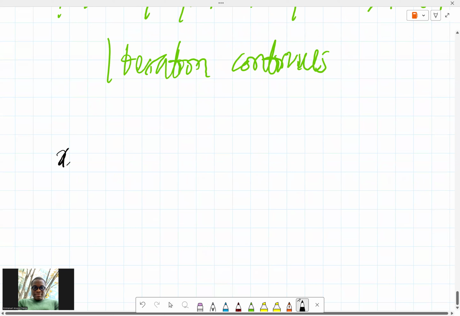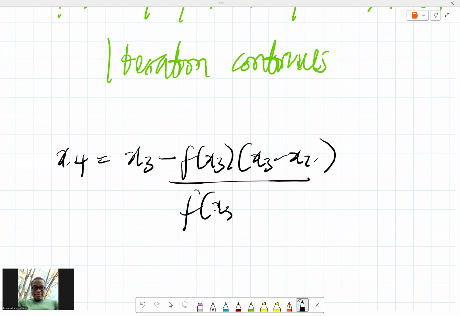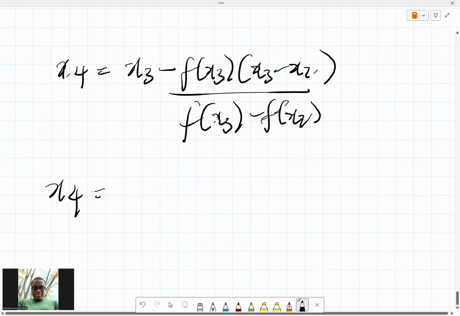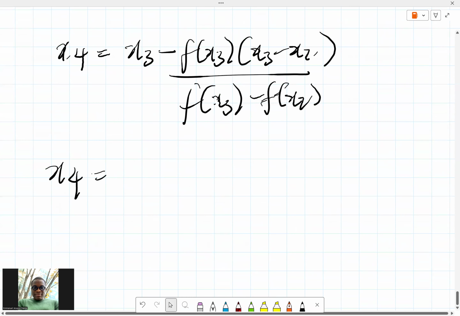We have x4 equals x3 minus f of x3 into x3 minus x2, all over f of x3 minus f of x2. We know x3 already, it is 1.463.